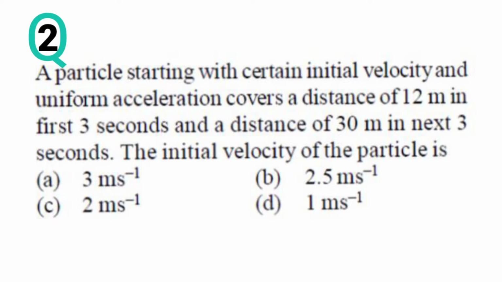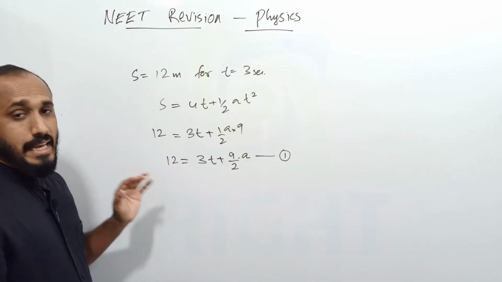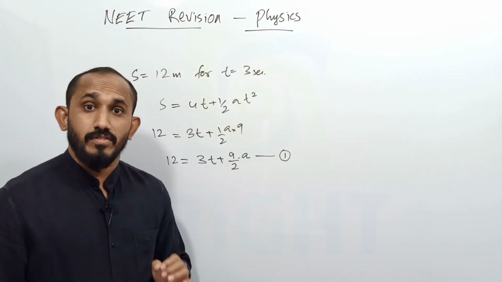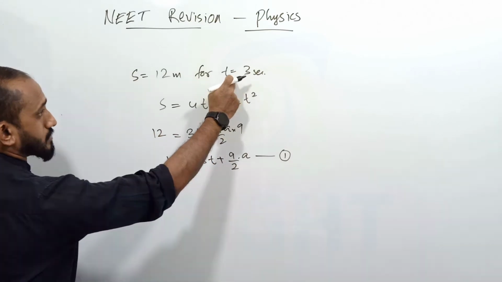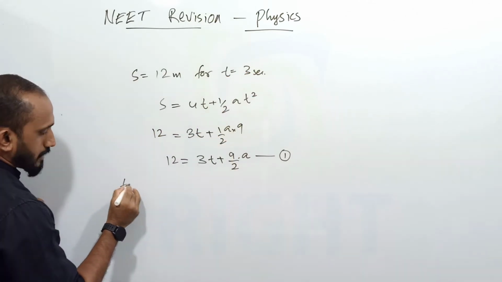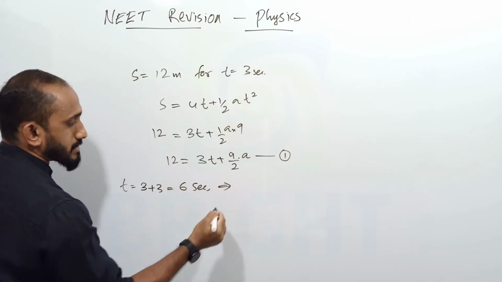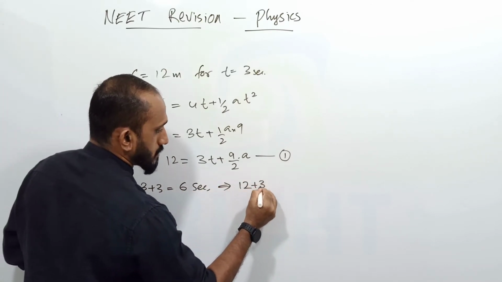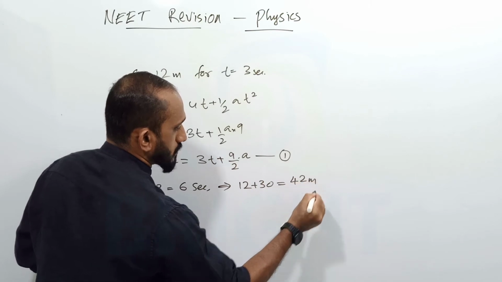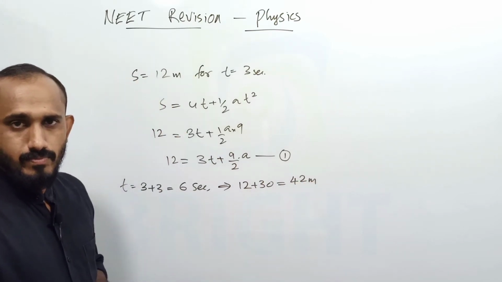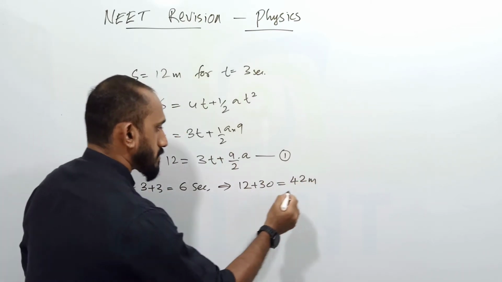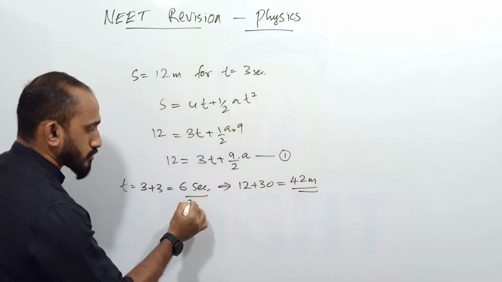Next 3 seconds, it again travels a distance of 30 meters. So here the first 3 seconds is one part, so total t is equal to 3 plus 3, that is 6 seconds. It travels a distance of 12 plus 30, that is 42 meters. So S is equal to 42 meters and t is equal to 6 seconds.